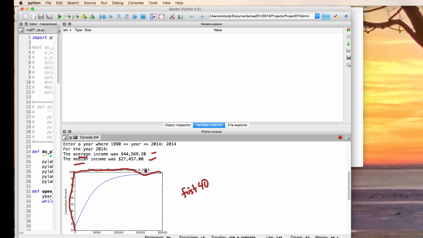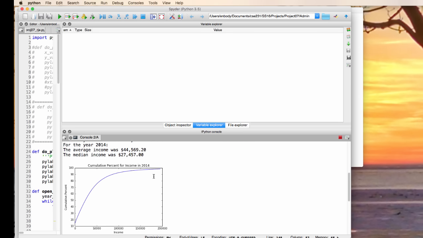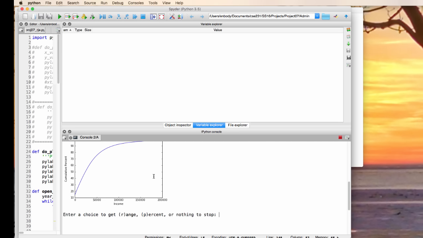So I tell you to do the first 40 values, and so now you can see, when we look at incomes versus the cumulative percent, by the time you get out to 200,000 here, you are almost at 100% of the people. Of course, there are plenty of people who earn more than that, but there aren't very many of them.